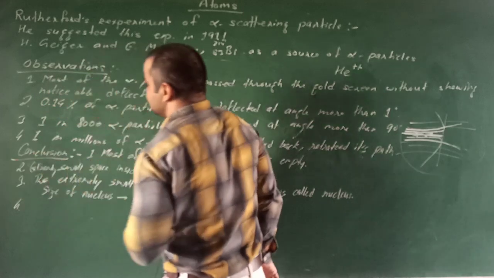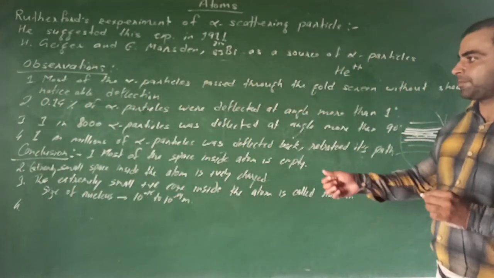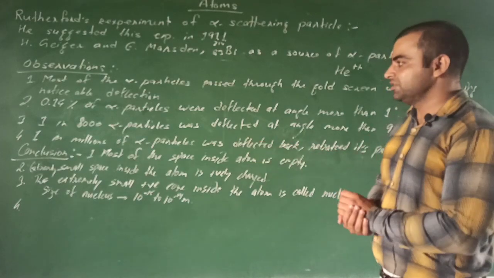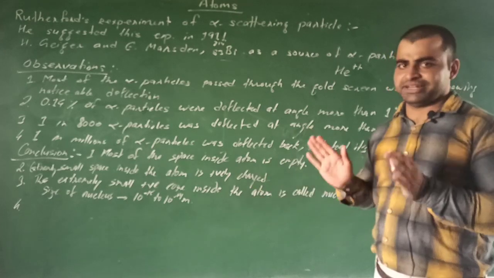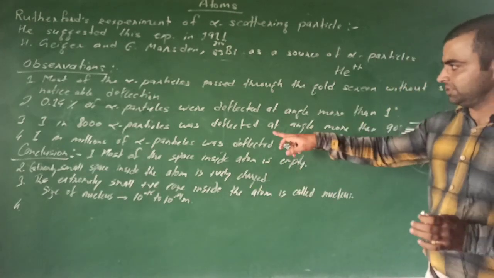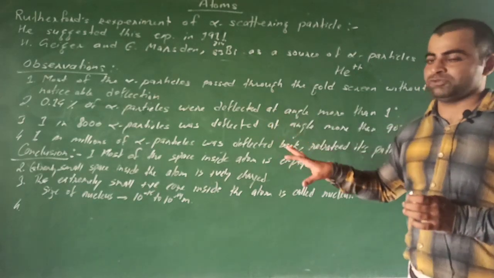Next conclusion. One in millions of alpha particles was deflected back. It is showing that there is some positive charge. These three observations are showing that it has positive charge inside.